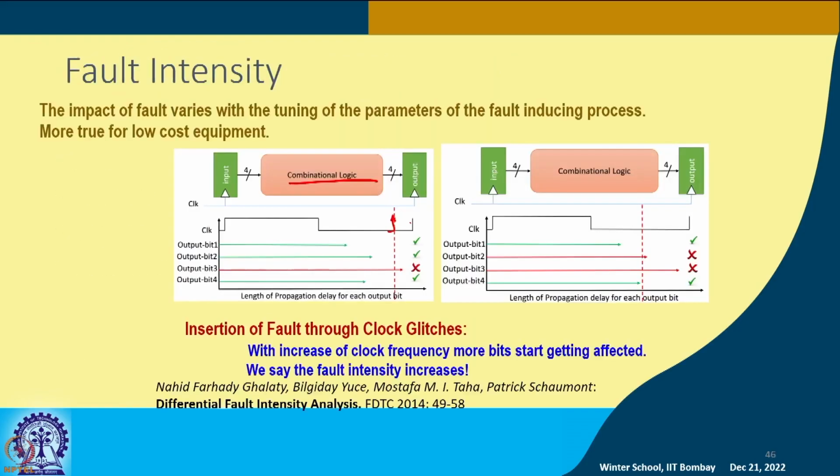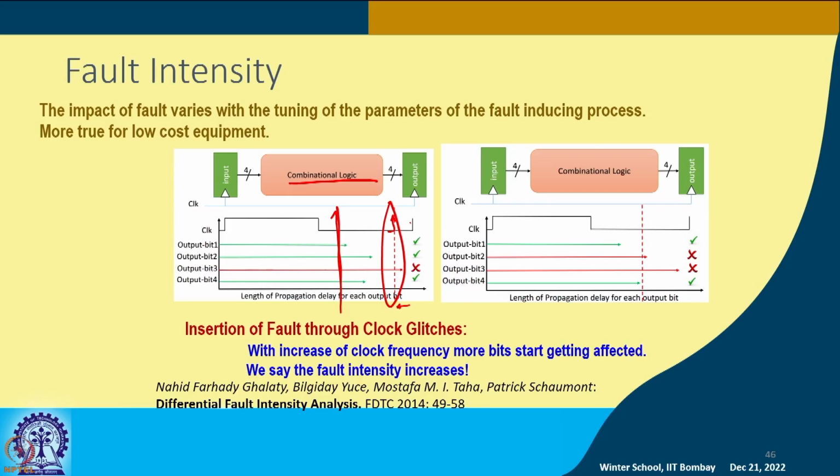Controlling the intensity means I will clock at this point, but if I want to increase the intensity, I will bring the glitch on the clock line here. That will create more faults. So I have control on the intensity of the fault, and I know only 1 bit flips, not more than that.